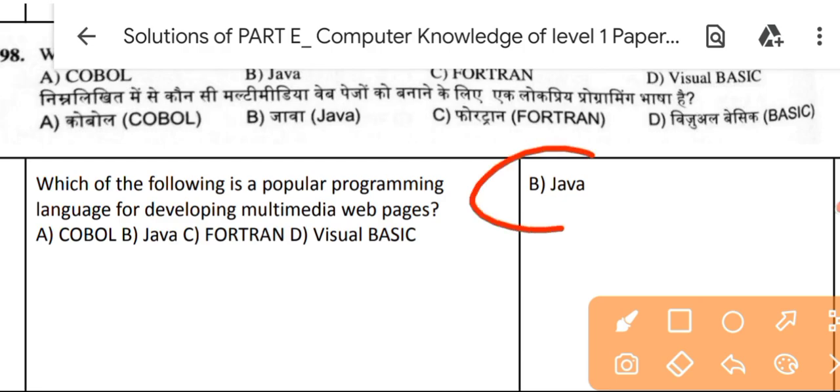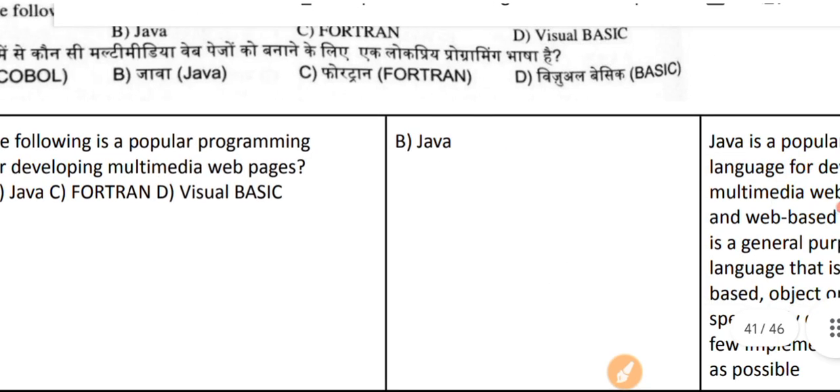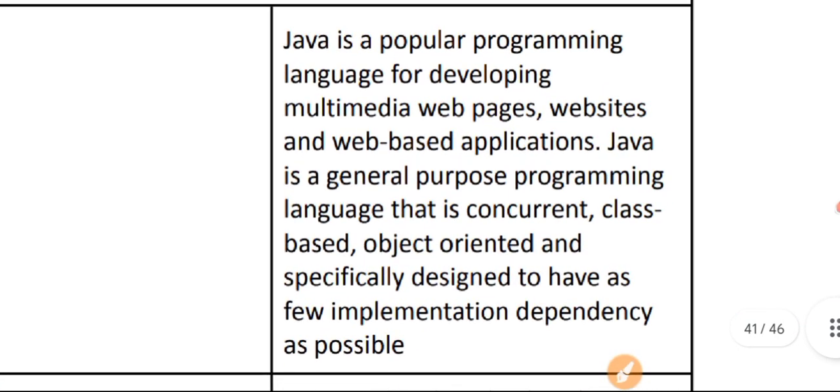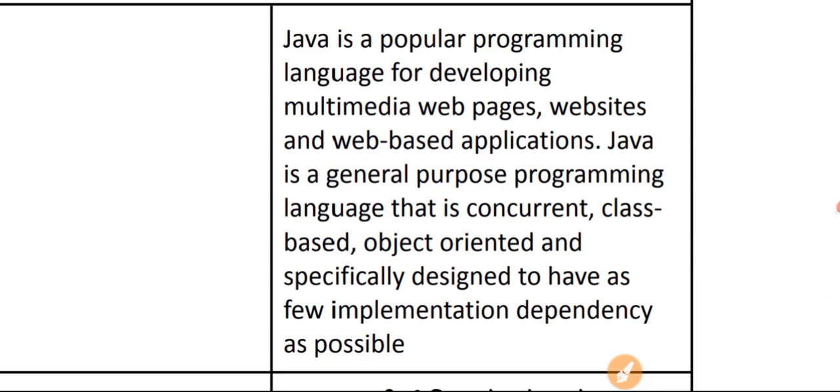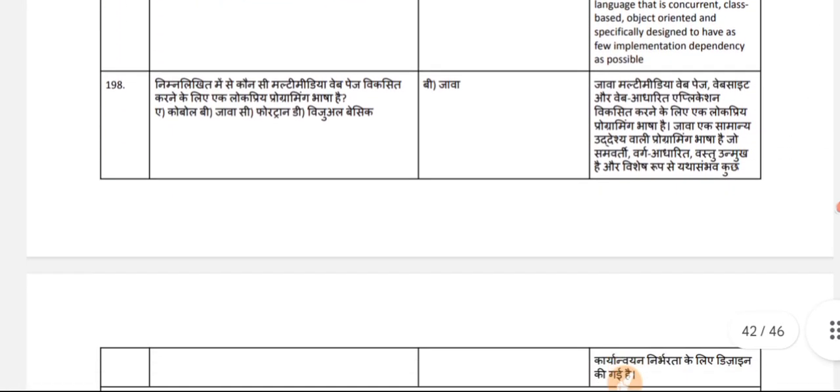Java is a popular programming language for developing multimedia web pages, websites, and web-based applications. Java is a general-purpose programming language that is concurrent, class-based and object-oriented, especially designed to have as few implementation dependencies as possible.